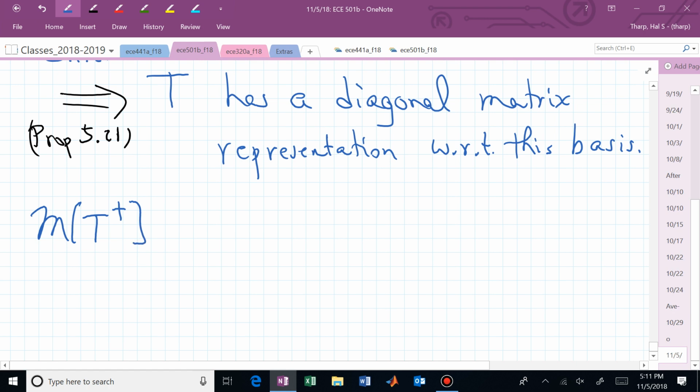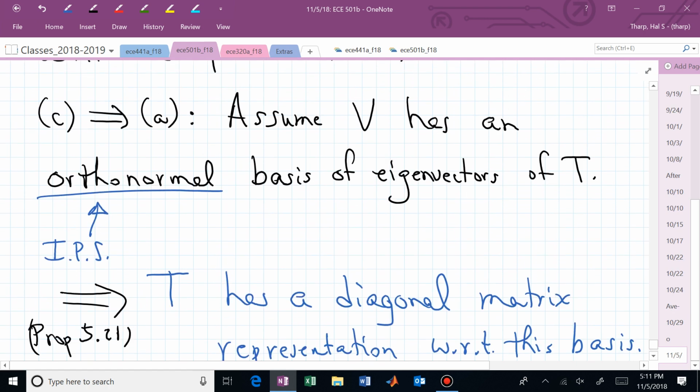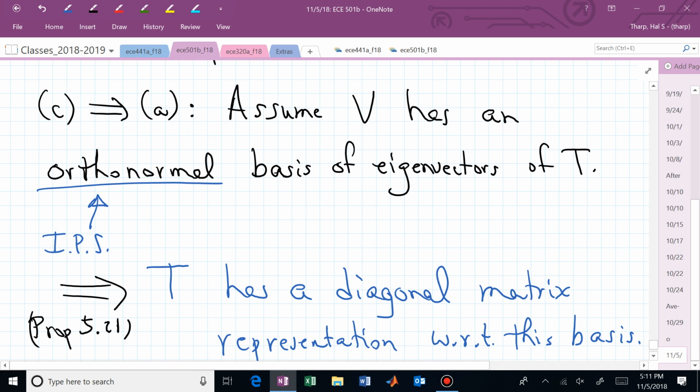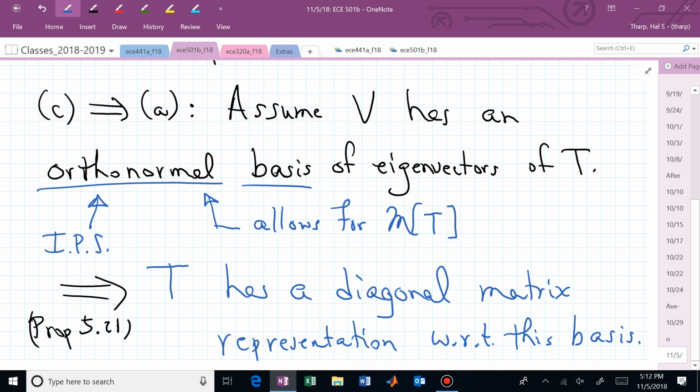And if this is an orthonormal basis, what does that also allow us to conclude? If I now had the matrix representation of T, how do I know that it is connected with the matrix representation of T dagger if I have an orthonormal basis?